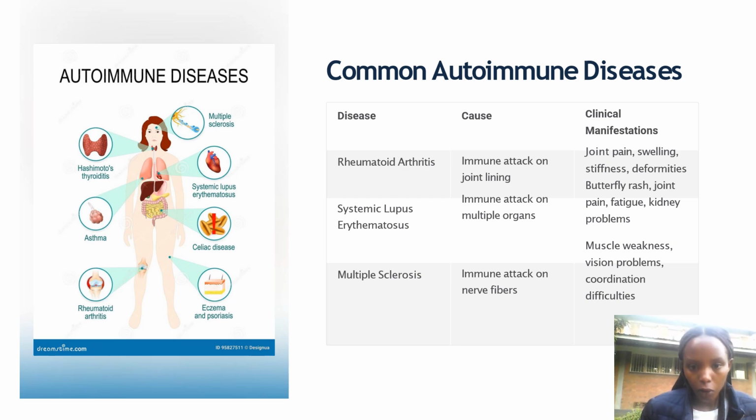And multiple sclerosis is caused by immune attack on nerve fibers, as we see here. For clinical manifestations of multiple sclerosis, we have coordination difficulties. So coordination will be difficult if we have multiple sclerosis.